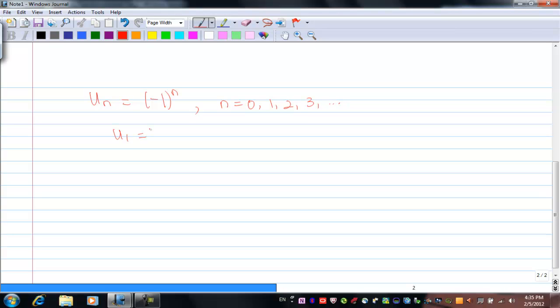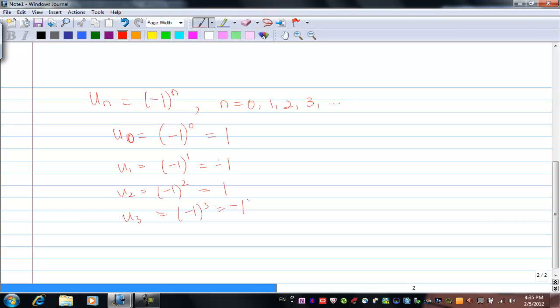When I'm not very sure what the sequence looks like, I start with small numbers and I try and observe. So I start from u0, not u1. u0 is going to be negative 1 to the power 0, which is 1. u1 is negative 1 to the power of 1, which is negative 1. u2 will be negative 1 squared, so this is going to be 1. u3 is going to be negative 1 cubed, which is negative 1.